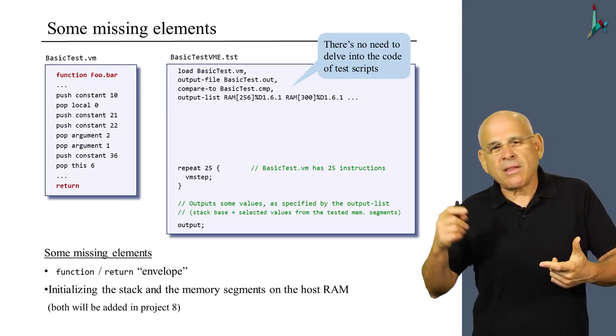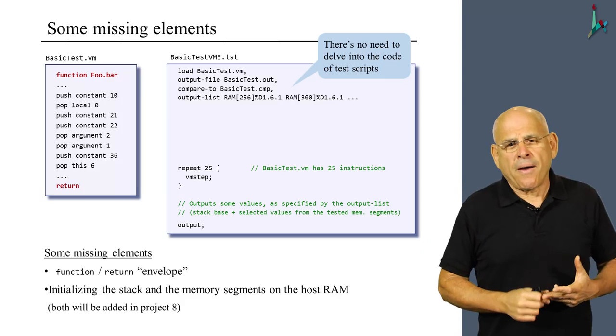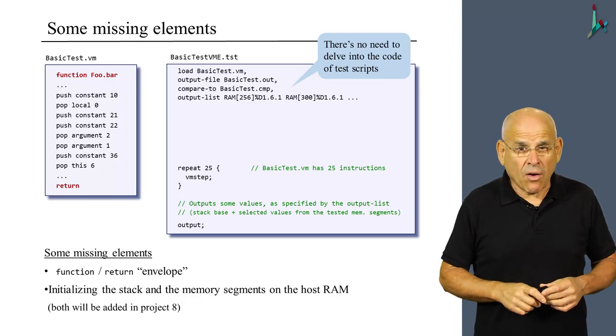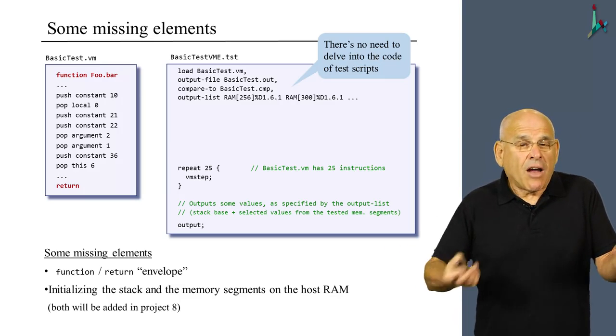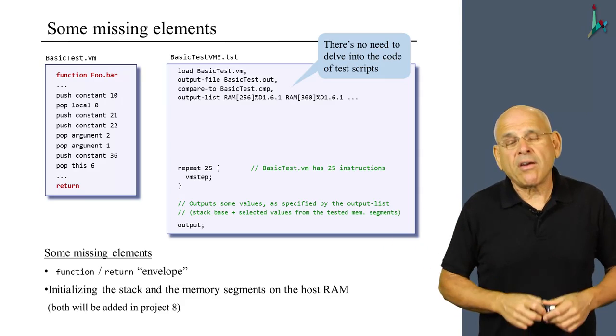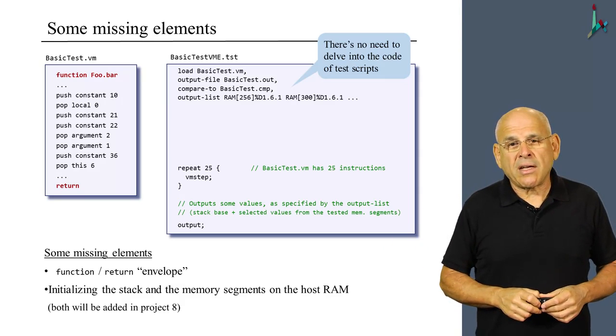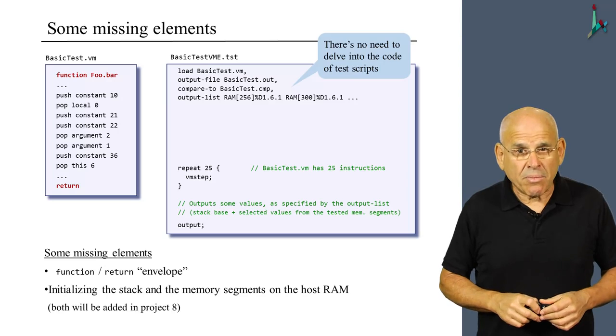The local segment, the argument segment, the this, that, and so on. So in Project 7, these segments are not initialized anywhere, and therefore someone has to take care of these initializations, and we do it using the test script.